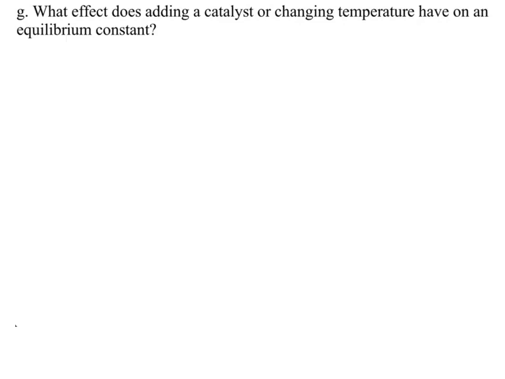So finally, how would adding a catalyst or changing temperature change the equilibrium constant? Adding a catalyst increases the rate of the forward and reverse reaction because it just lowers the activation energy. It doesn't affect one more than the other, so it does not change the equilibrium constant.